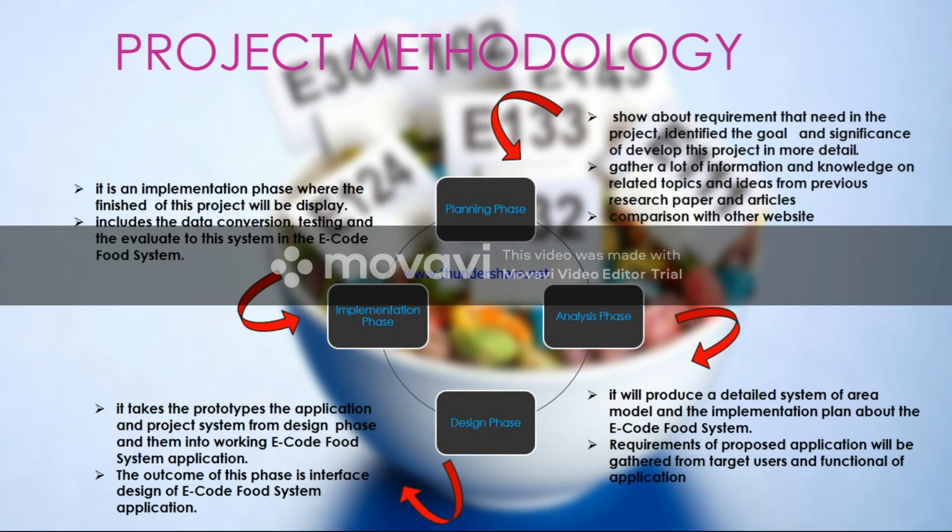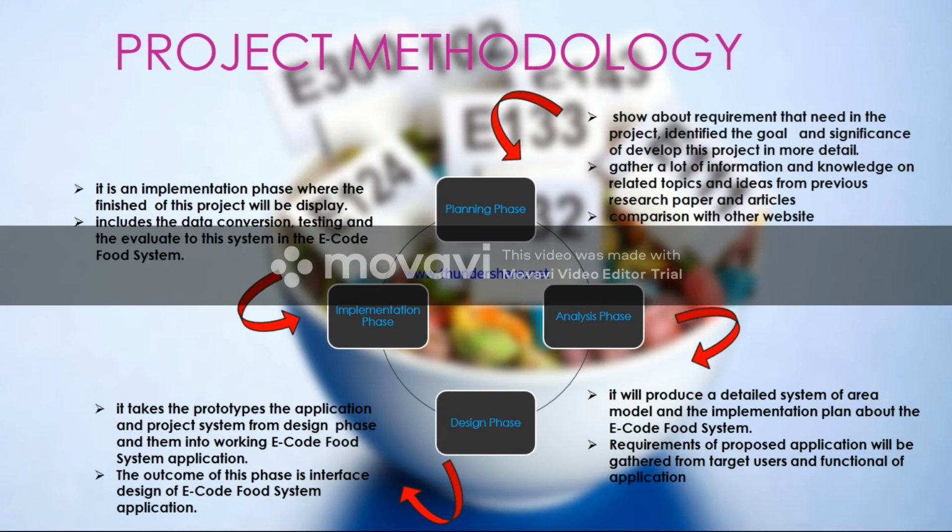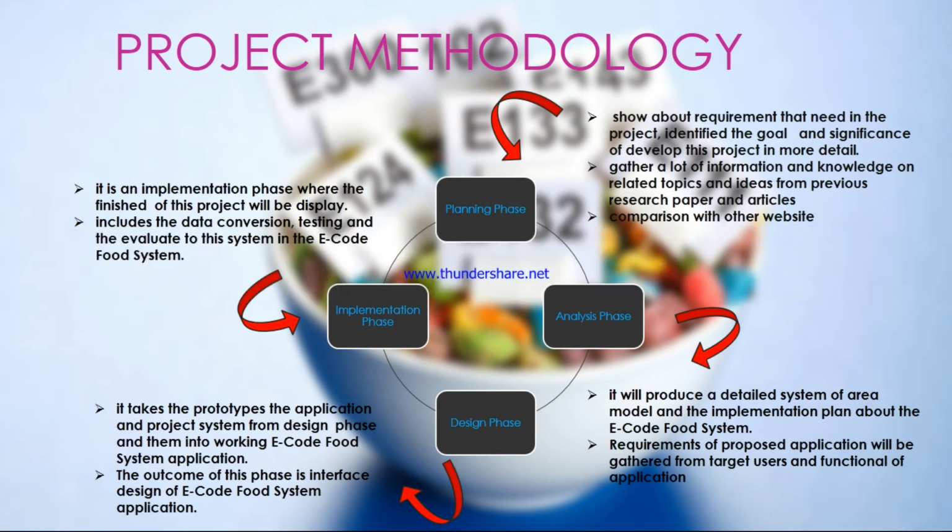It also does a comparison with other websites like the Halal E-code website. The second is the analysis phase. This phase will produce a detailed system model and the implementation plan for the E-code Food System. The requirements of the proposed application will also be gathered from the target user and functionality of the application.